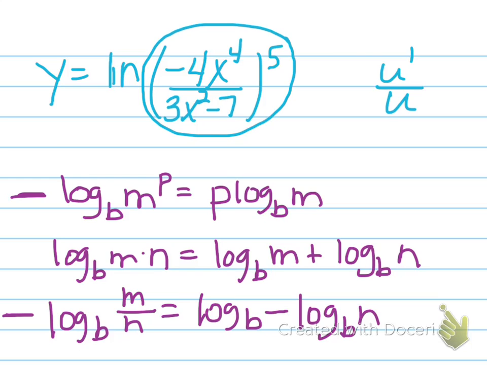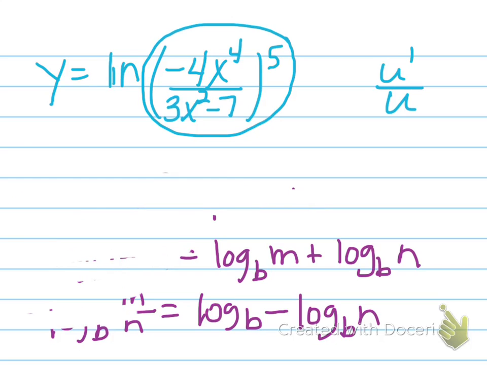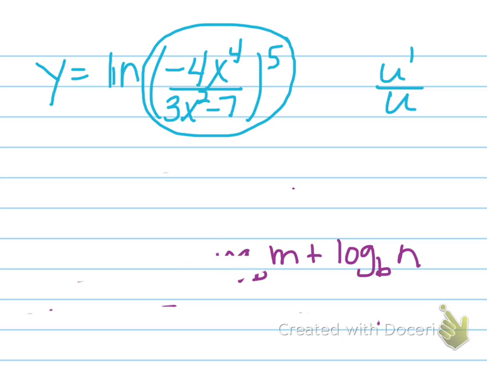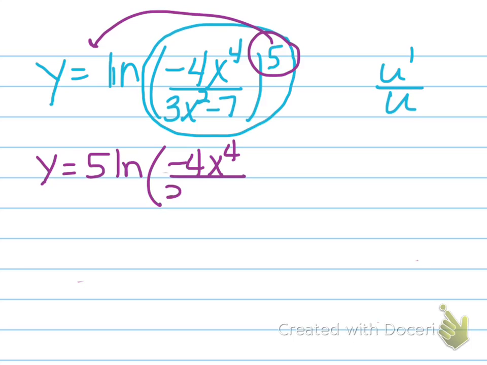So let me erase this and show you what you can do. If I rewrite this using the power and quotient rules, first, I can move the 5 to the front of the log. So I have 5 times the natural log of negative 4x to the 4th over 3x squared minus 7.